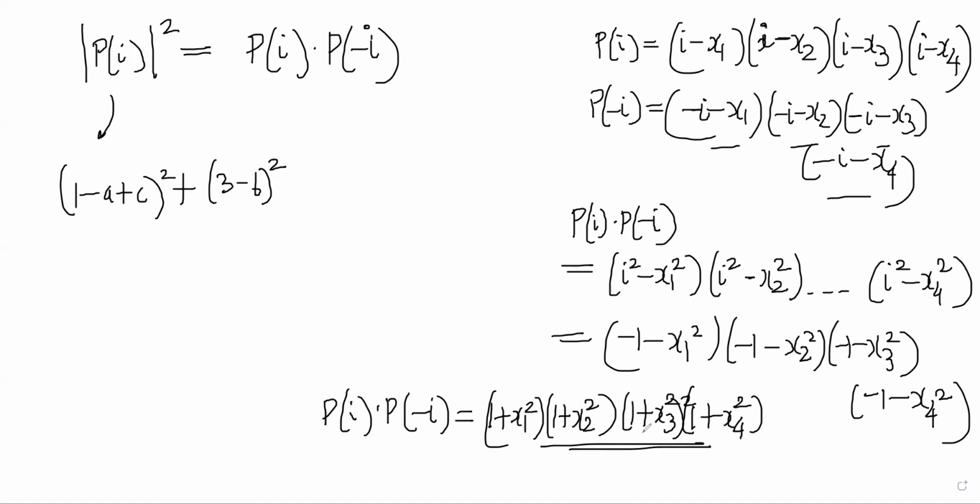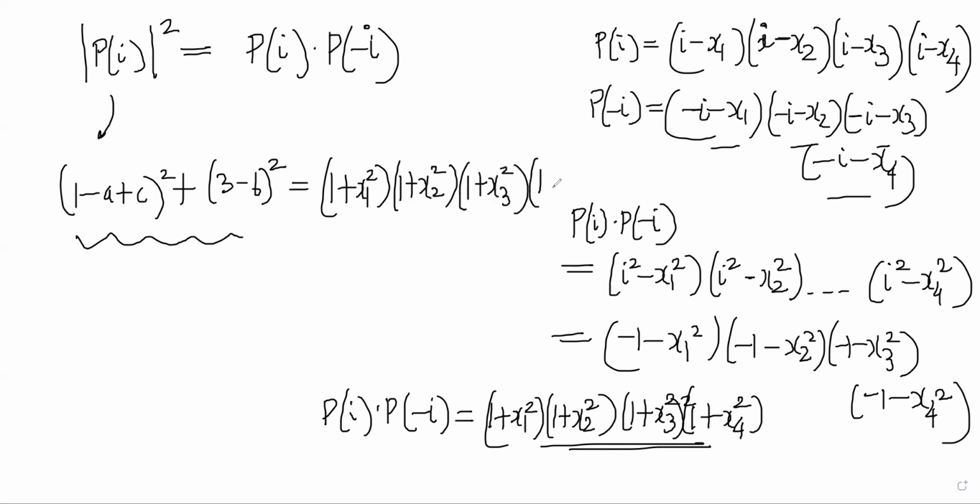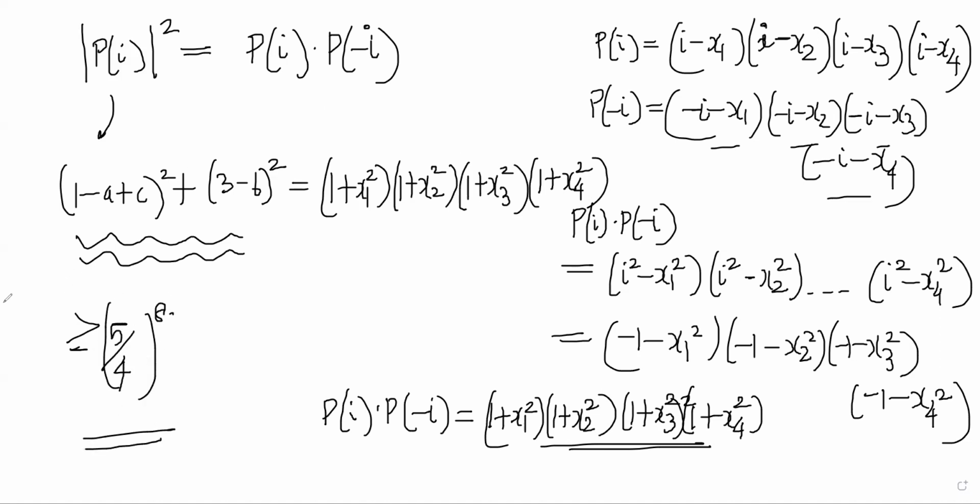Right? So since both the expressions are same, this is equal to (1 plus x1 square)(1 plus x2 square)(1 plus x3 square)(1 plus x4 square). But our job was to show that this quantity is greater than or equal to (5 by 4) power 8. That was what I wanted to prove, right?